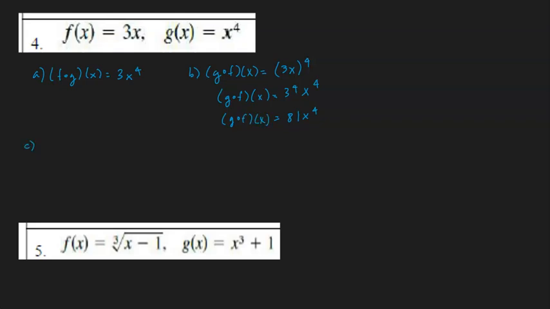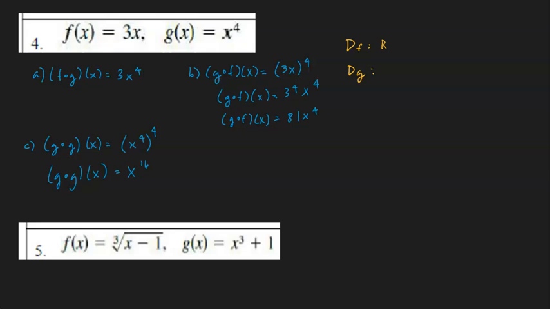And then C, g of g of x is going to be x to the 4th raised to the 4th power. We multiply the two exponents together. x to the 16th. So if we look at the domain of f, that's a linear function, all real numbers. The domain of g, that is an even function.